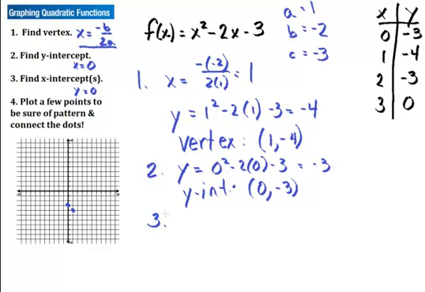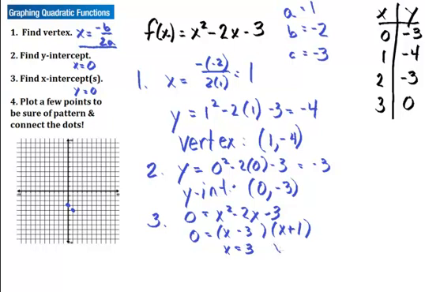All right. Step number 3. This is a place where Y is 0. 0 equals X squared minus 2X minus 3. Oh, this is what we've been doing for the past, I don't know how many days. This is finding your X-intercepts. They're also called zeros. If anyone asks you to find the zeros, that's another way to put it.